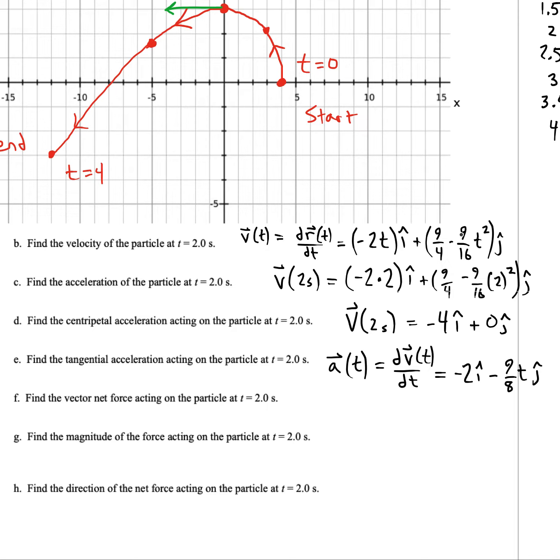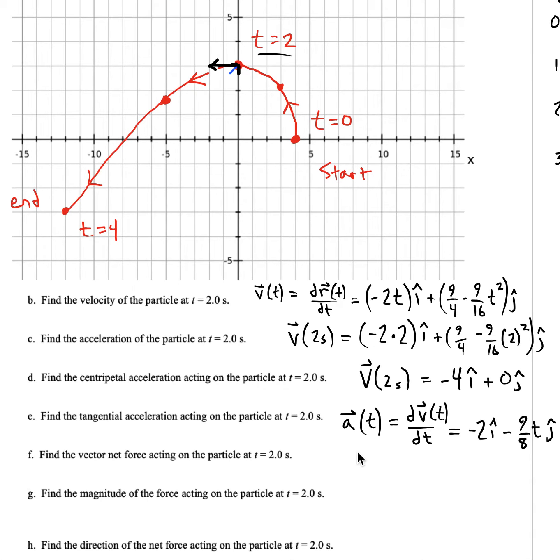Because I would bring the 2 down, multiply by the 9, that makes 18/16 divided by 2 on top and bottom, so 9/8 t. Yeah. We have to plug in a of 2, which would be negative 2i minus 9/4 j.